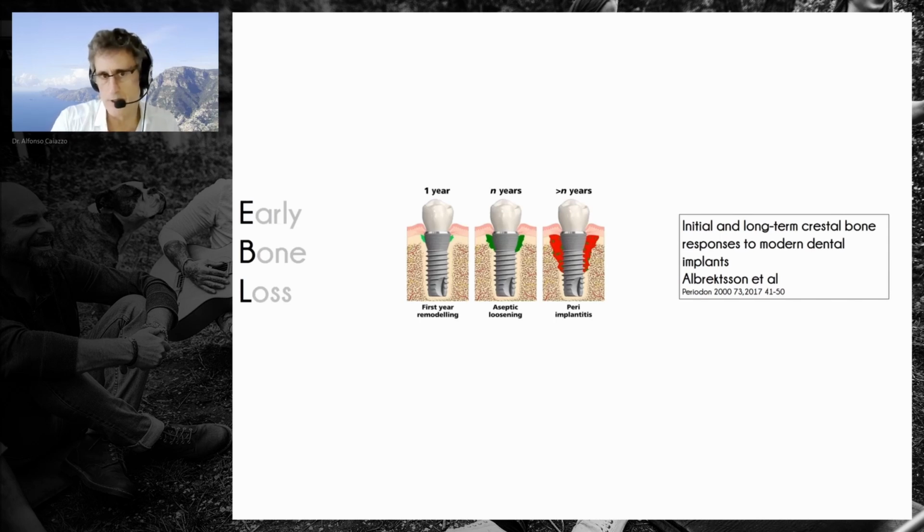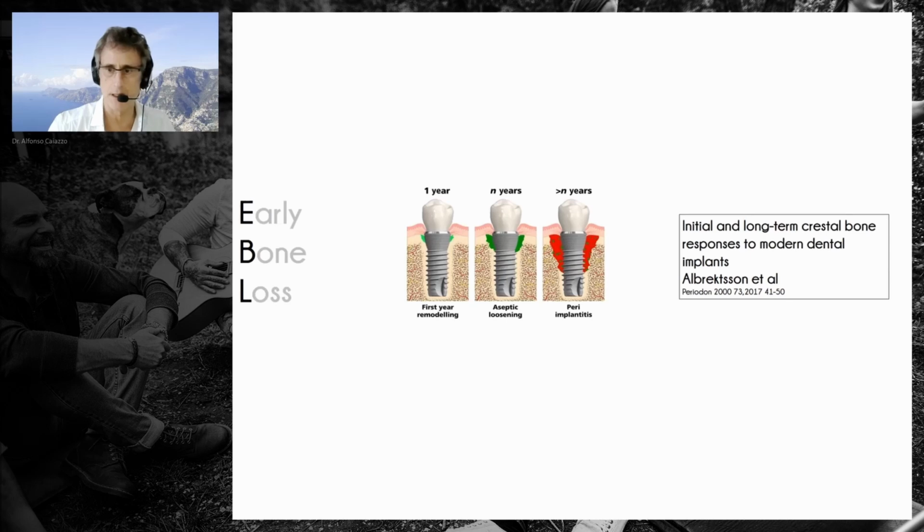Unfortunately, during this webinar, I won't have the time to go over the quantity of bone and soft tissue we need. I'm assuming that all of us are familiar with those numbers.